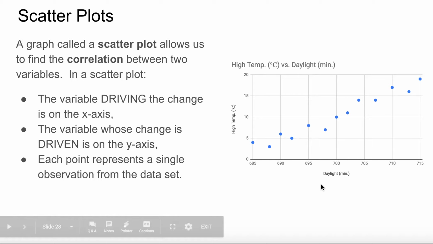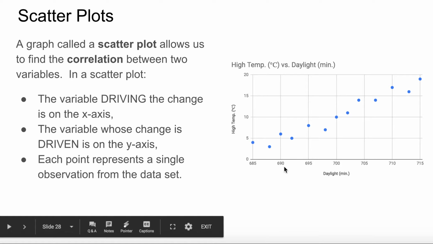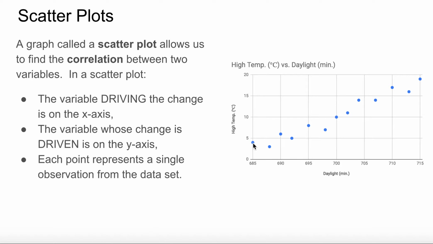And each of these points represents a day. So on this point here, we had 685 minutes of daylight and a high temperature around 4. On this point, we had maybe 698 minutes of daylight and a high temperature around 7 degrees. Each of those 2-week days is plotted on this graph. Now, what relationship do you see?